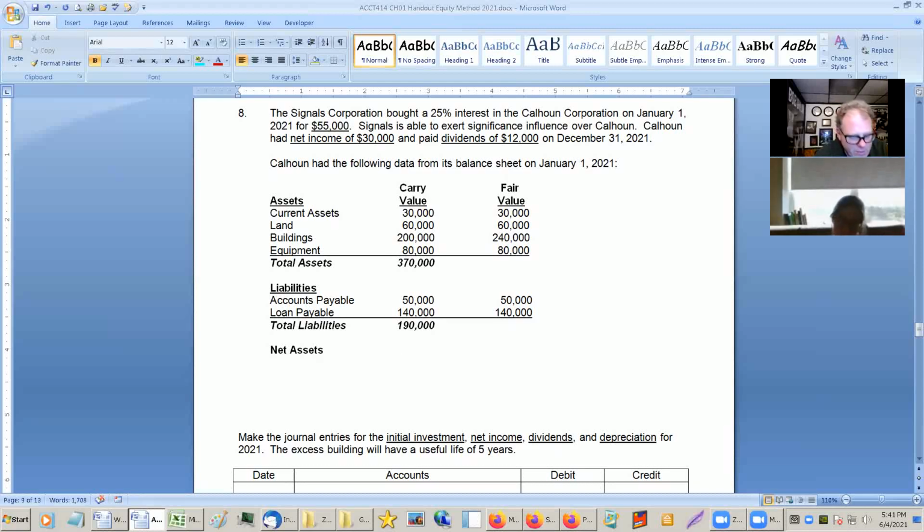What's 370 minus 190? It's 180. I just put the numbers in wrong. Okay, so this would be the book value here.